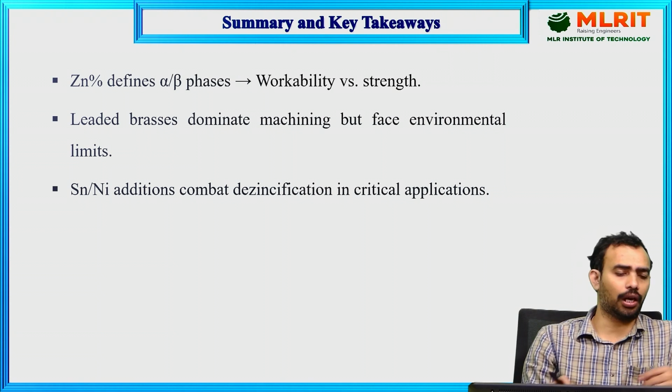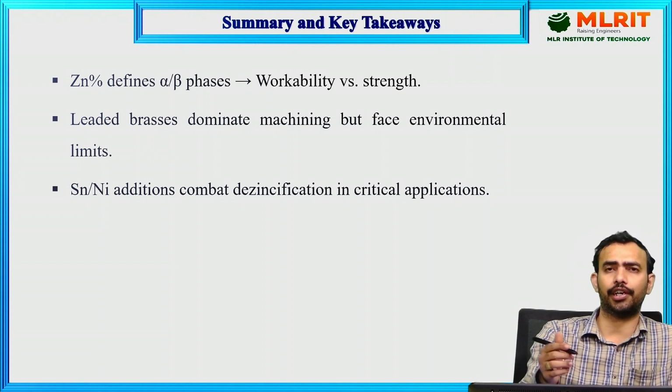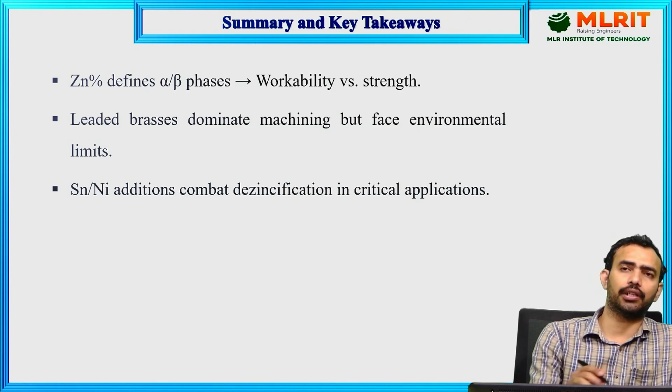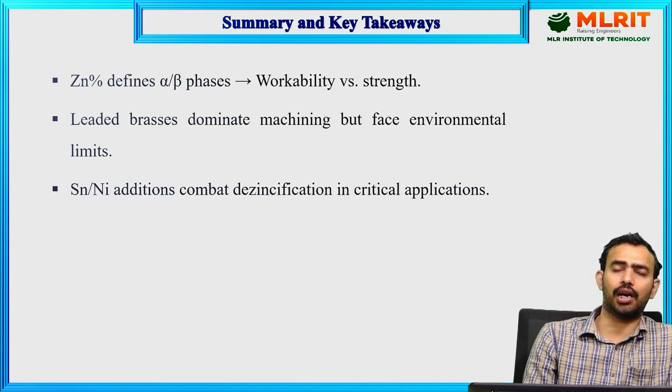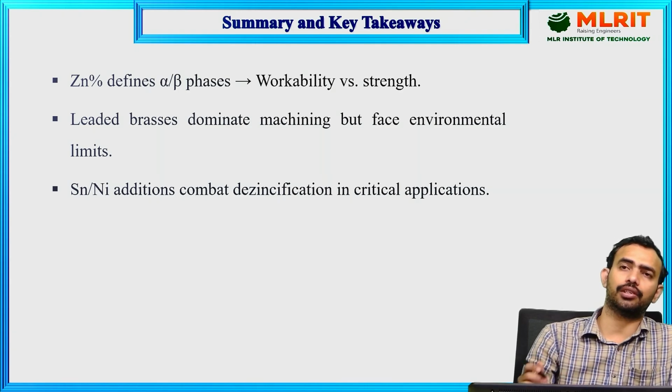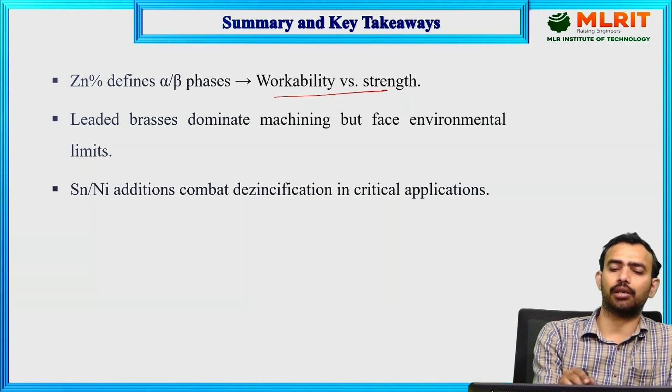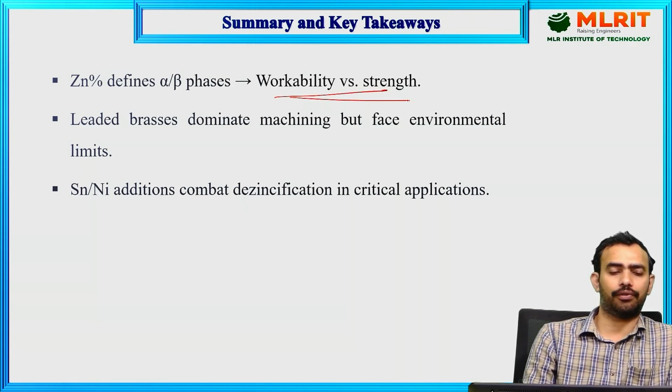When only alpha is present, it has relatively lower strength and higher ductility. However, when the beta is coming in, it's a hard material, so strength is significantly improving with good hardness. But on the contrary, ductility is relatively less. So it is a trade-off between workability and strength that we have to make with the addition of zinc.